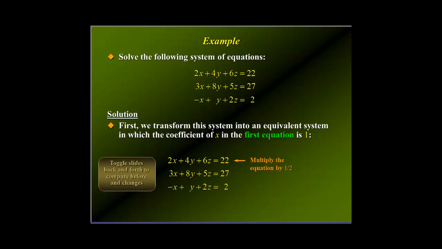First of all, you have to write the augmented matrix, and then you apply row operations again and again until it becomes a unit matrix.